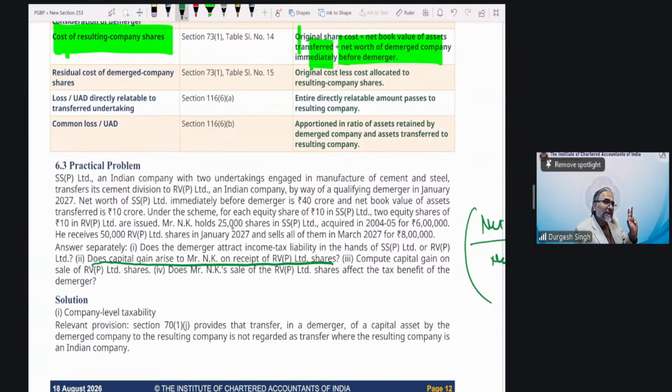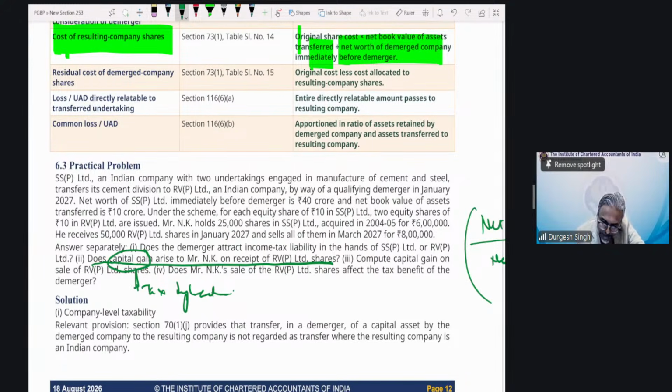Question therefore is whether that gift tax provision will become applicable or not. Capital gains, we have already discussed, we already now know. So if the question, instead of asking does a capital gain arise, says what is the tax implication in the hands of NK on receipt of RV Private Limited shares, just I change the question.